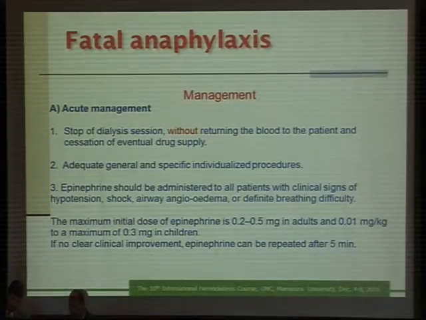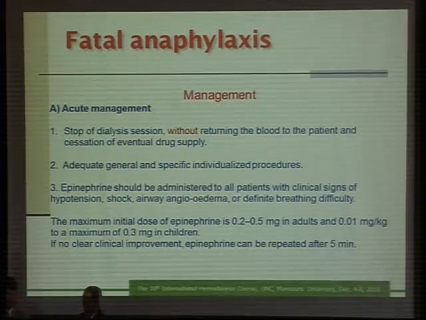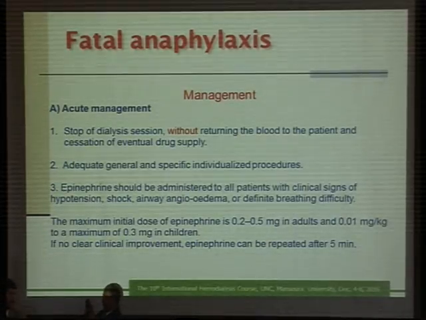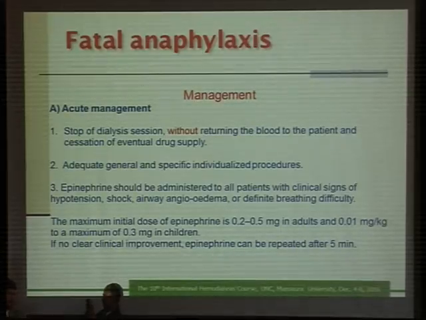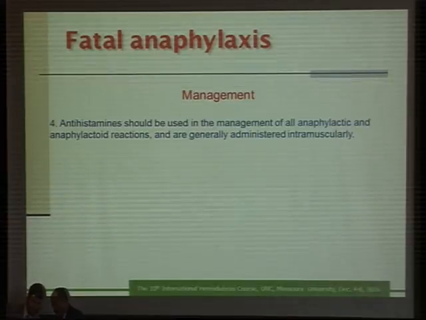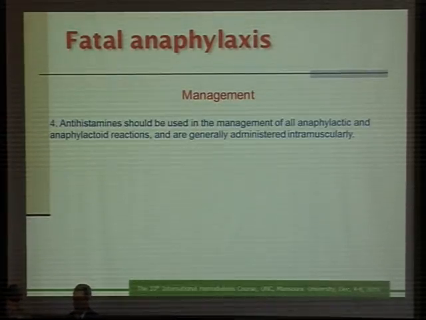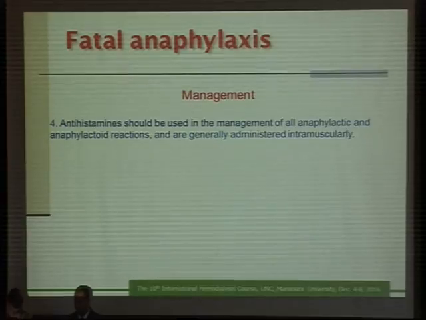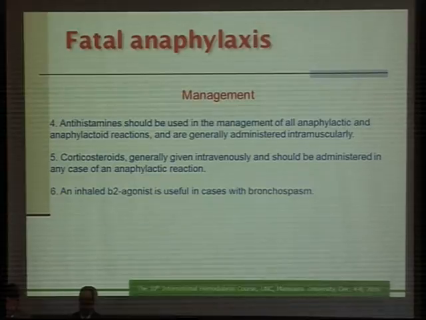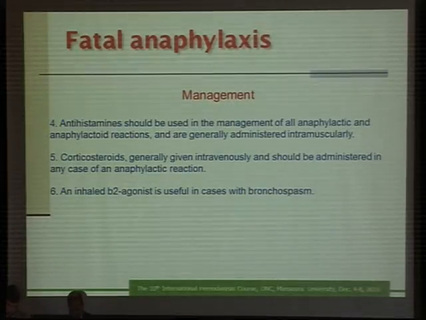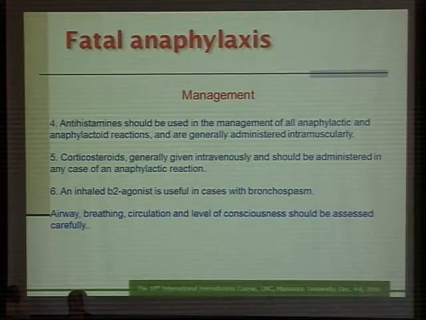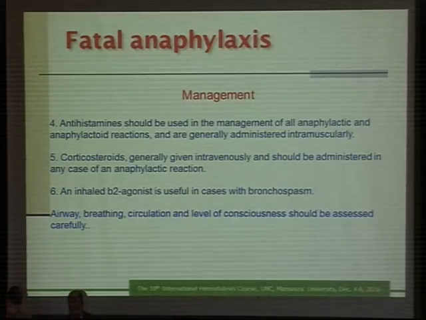Ephedrine should be administered to patients with clinical signs of collapse or presence of angioneurotic edema. Antihistamines should be used in the management of this anaphylaxis besides corticosteroids, and we may use beta-2 agonist inhalation in case of bronchospasm, and should ensure a patent airway.